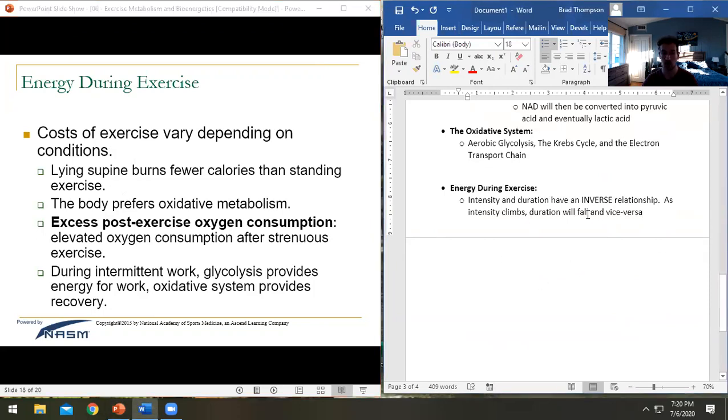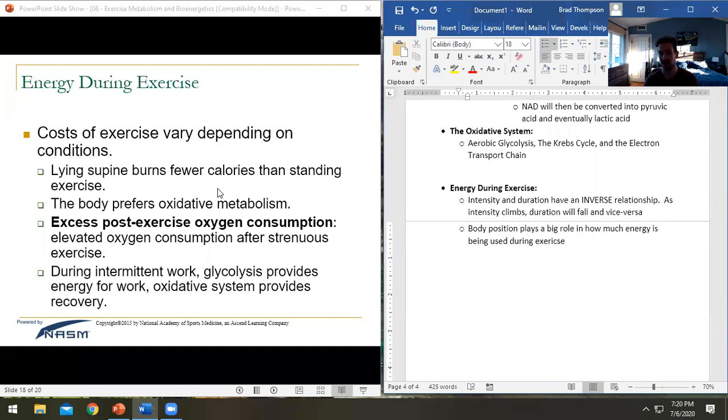Some things result in a greater energy burn than others. Lying supine, laying on your back, burns fewer calories than standing up. So if your priority is to burn as many calories as possible, you should have your client on their feet as often as you can. Body position plays a big role in how much energy is used during exercise.